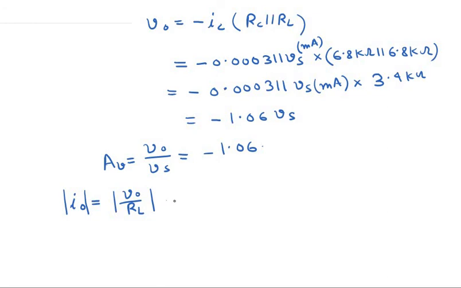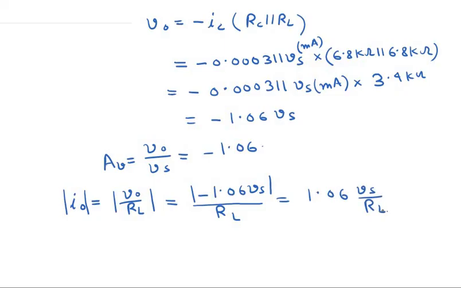V0 we have already found, minus 1.06 Vs, divided by RL. So 1.06 Vs divided by RL is our output current.